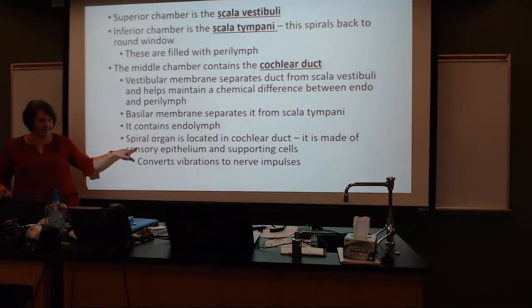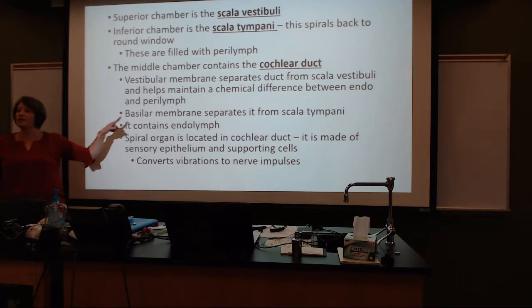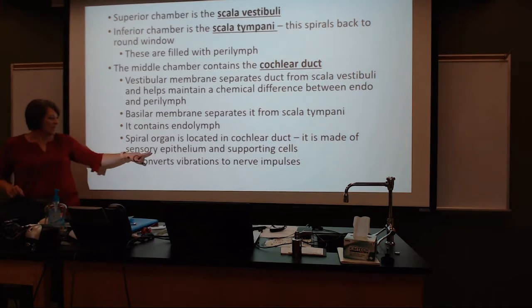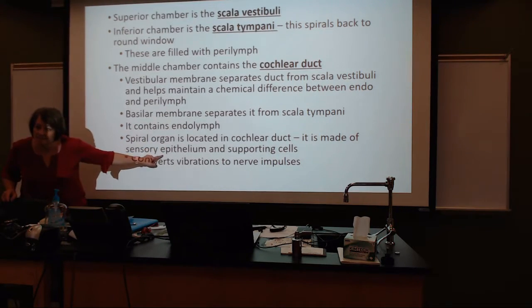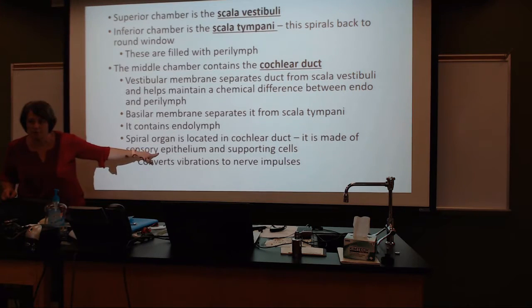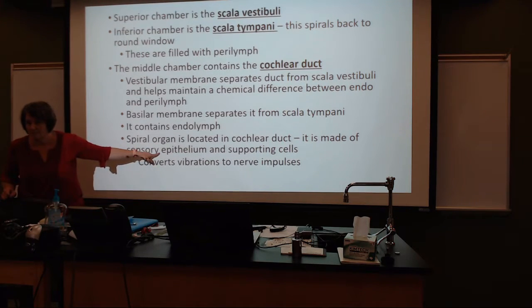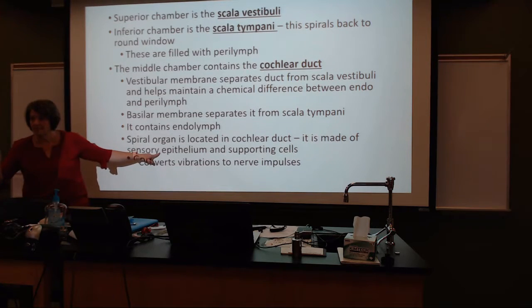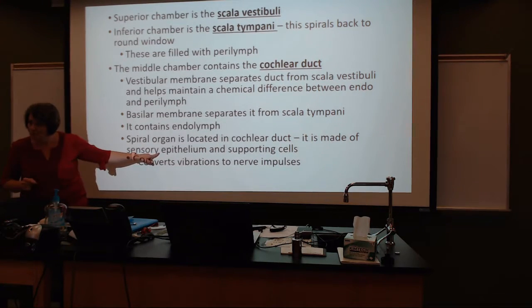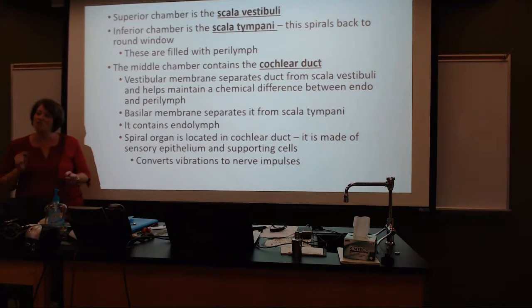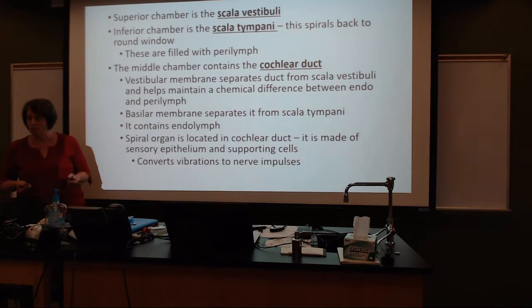All right, that is our organ of hearing. It is sensory material because those impulses have to be picked up by these sensory cells, which are going to start my action potential.